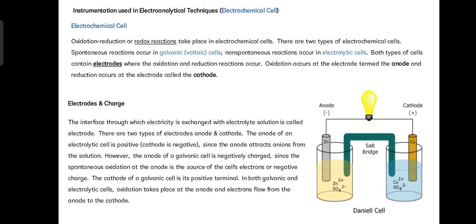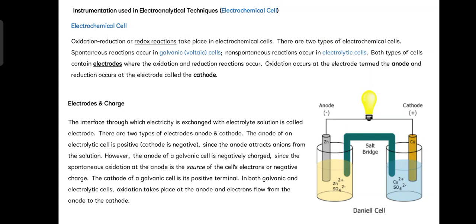Both types of electrochemical cells contain electrodes over which the oxidation and reduction reactions occur. Oxidation occurs at the electrode termed the anode, and reduction occurs at the electrode called the cathode.